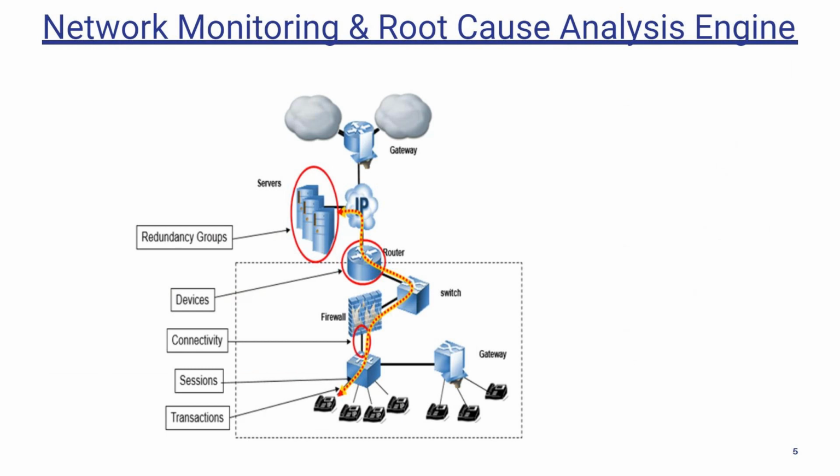one very good example which will demonstrate why root cause analysis is so important in a network. Many of us might be aware of this, but for the rest of us who are not aware, just citing one example. Let's suppose we have a very huge building, maybe like the Empire State Building, just for example.